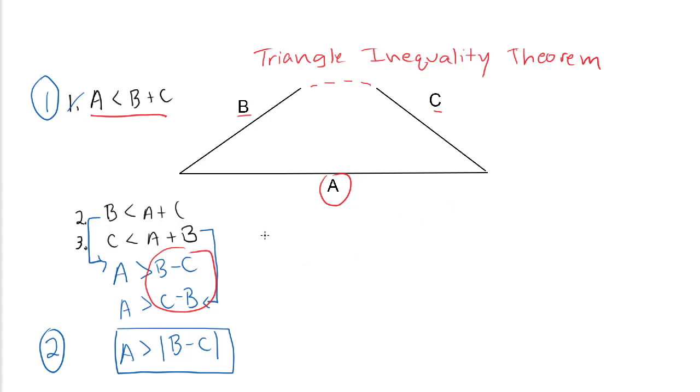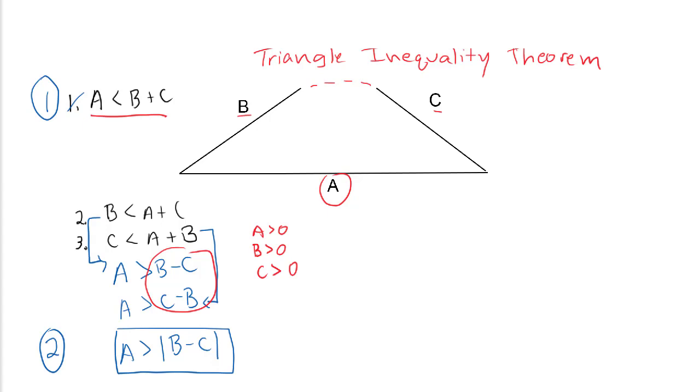We already know the side lengths, whether it be B or C or A, they're all greater than 0. So one of them is not a useful condition for us. We can essentially boil this down to a second condition as opposed to 3. A is greater than the absolute value difference or positive difference between B and C.